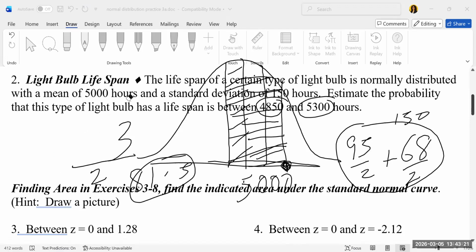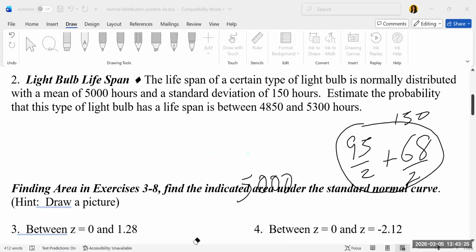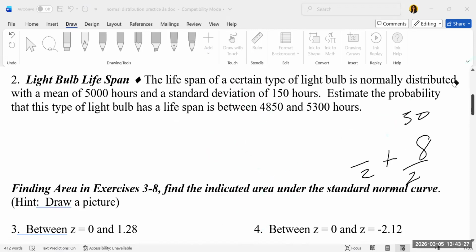From unit 1 up till now, the empirical rule has been working. Right now, let's go to question number 3 and see if the empirical rule works there.